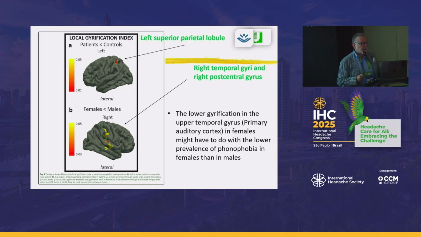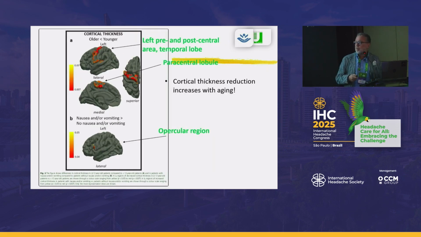Interestingly, we possibly related this difference concerning the primary auditory cortex between female and male patients to the lower incidence of phonophobia in females than in males, which we found in our patients, but it is a finding shown also in other studies.